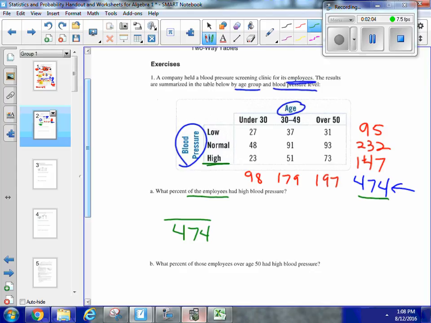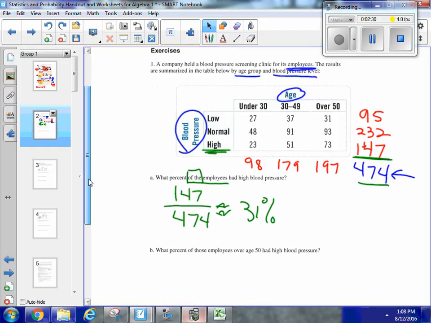Well, here's high blood pressure. I can go right over here and see, what is the marginal frequency of that? So it's going to be 147 divided by 474. And that comes out to be approximately 31%. So when you see "of the," that's generally going to be your denominator.